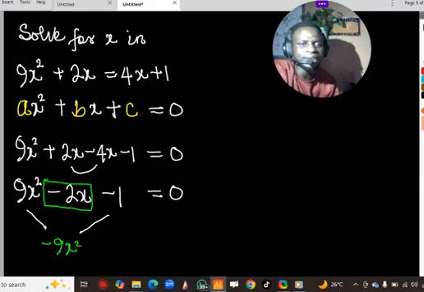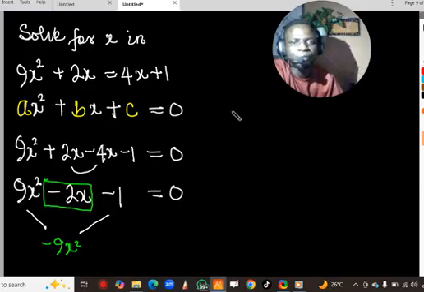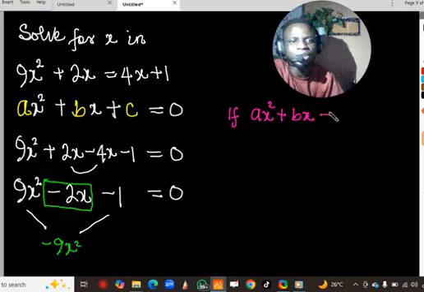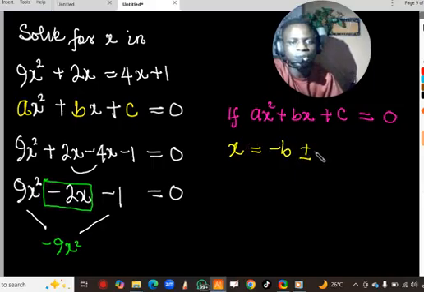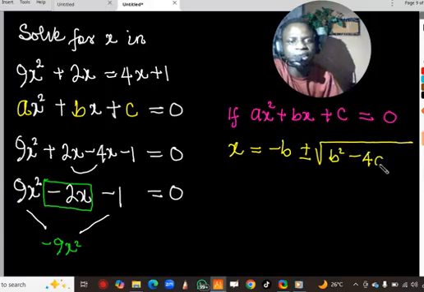And the formula method says that if ax squared plus bx plus c is equal to 0, then we can find x by saying that x is equal to minus b plus or minus the root of b squared minus 4ac, all over 2a.